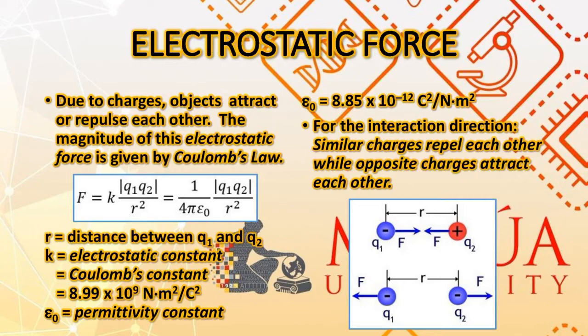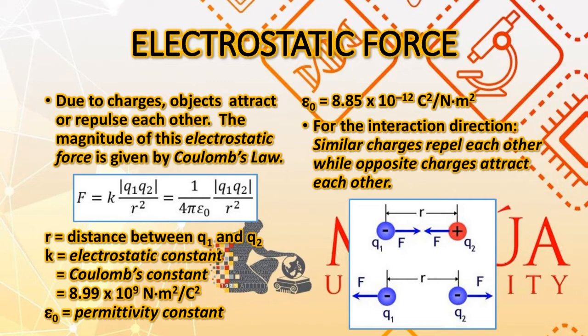For the interaction direction, just take note of the following statement. Similar charges repel each other while opposite charges attract each other. When we say similar and opposite charges, we're talking about the polarity or sign of the charges. You will recall that there are two types of charges, positive charges and negative charges.